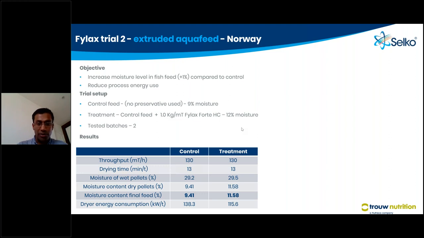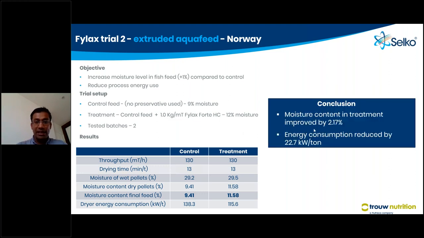The main outcome is that we were able to increase the moisture content in the treatment group by 2%. That's a lot in my view. And then the energy consumption in the drying was reduced by 27.7 kilowatt hour per ton of feed. So that's a very significant number. If you produce, multiply by a 100 tons capacity feed mill.